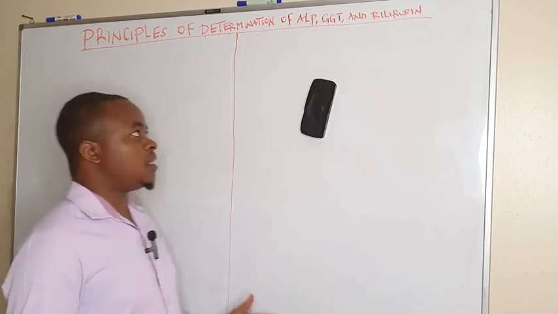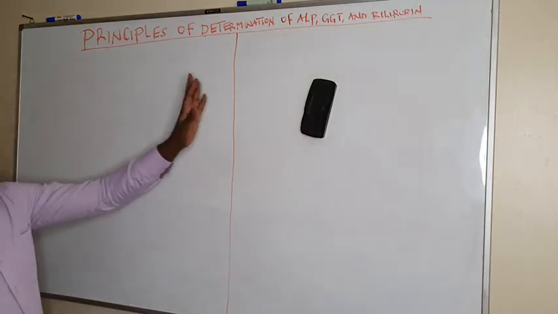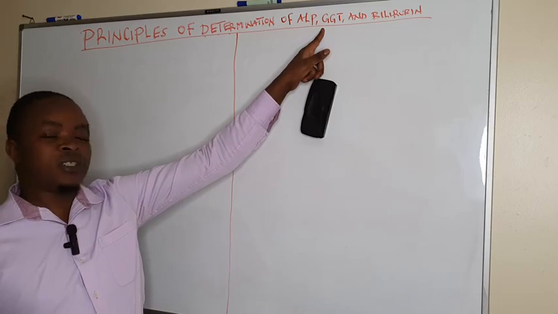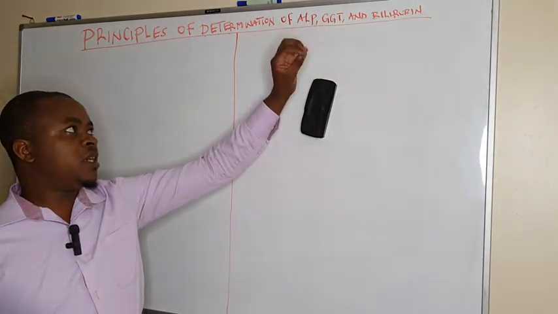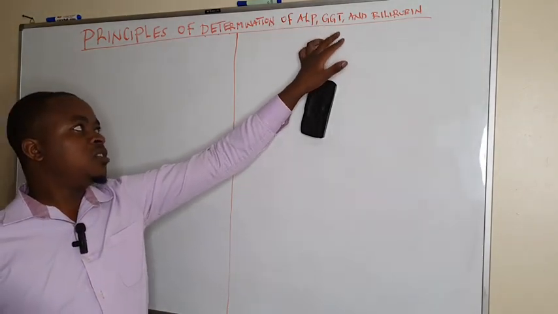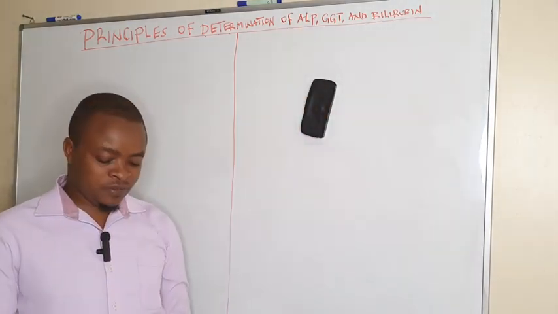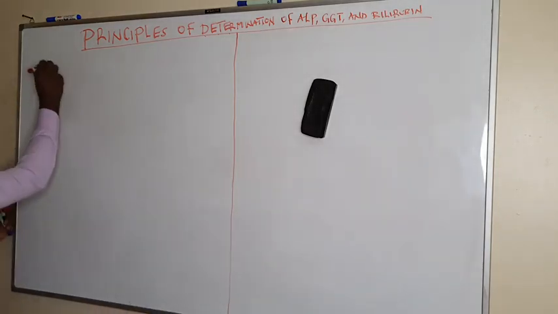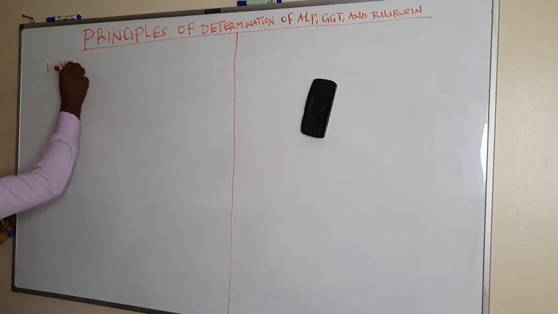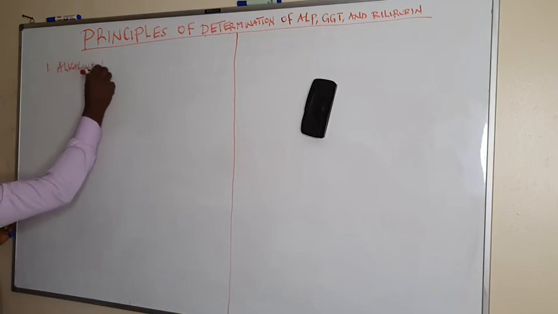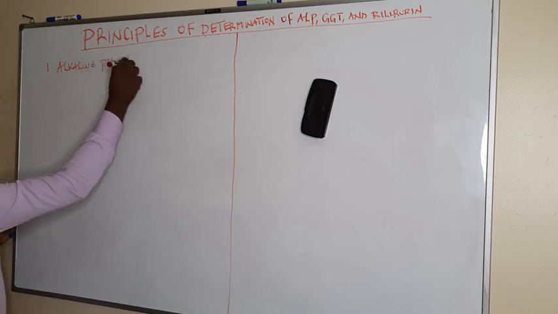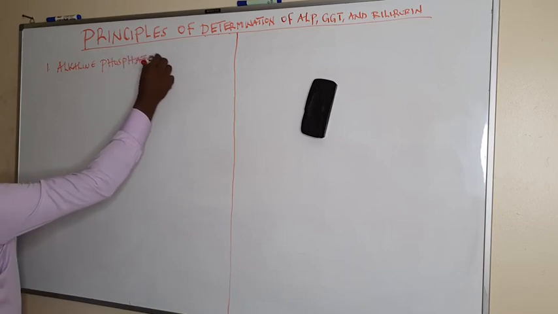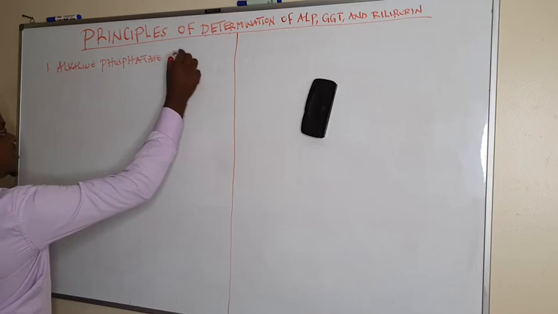So I want to look at the principle behind determination of the liver enzyme alkaline phosphatase, which is produced by the biliary tree, pregnancy and bones, GGT and bilirubin. And we want to begin with alkaline phosphatase enzyme, which we abbreviate as ALP.